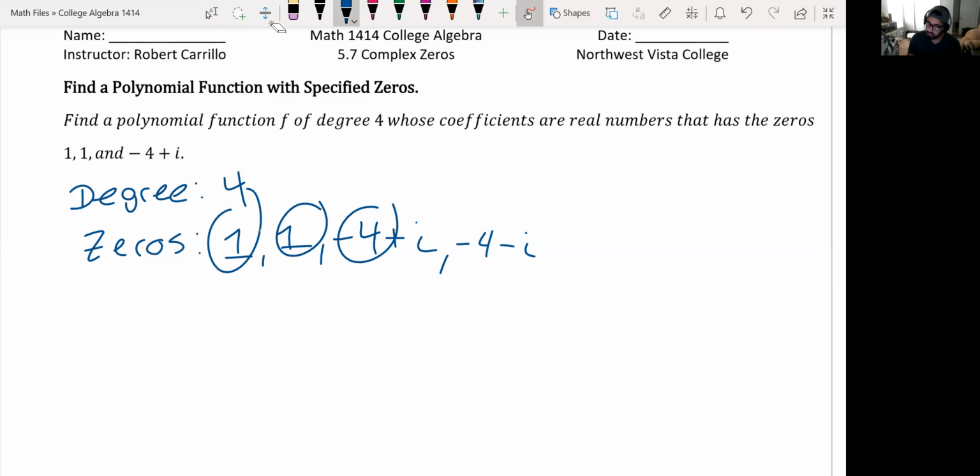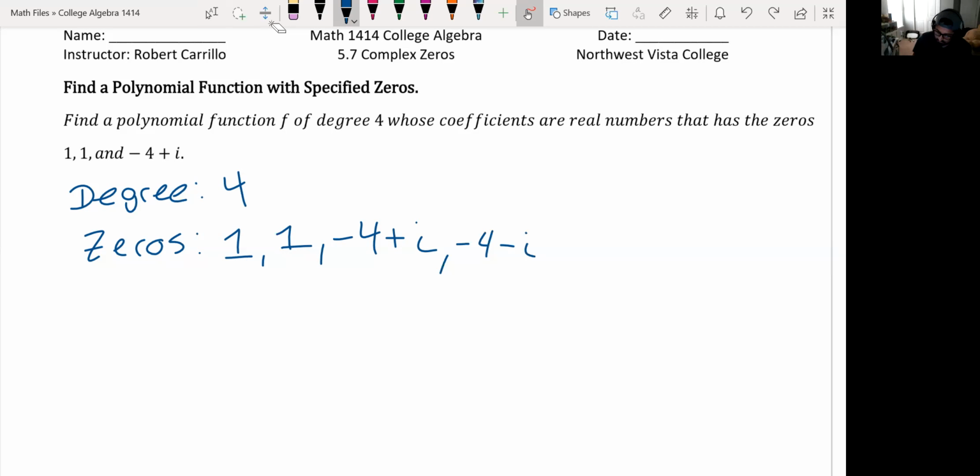Okay. Now what we have to do is, given the zeros, put them back into factored form. And after we put them back into factored form, we must distribute and build the actual polynomial function.